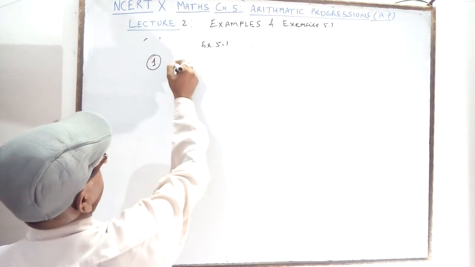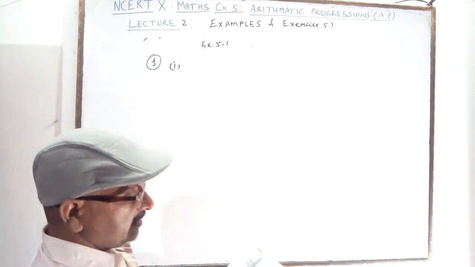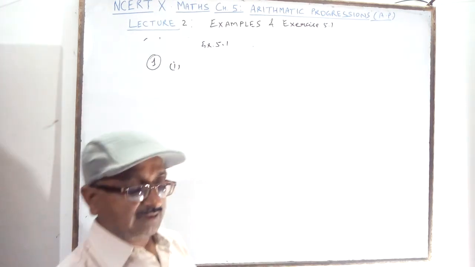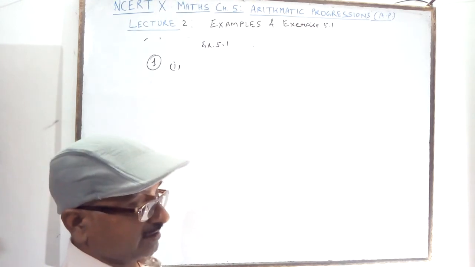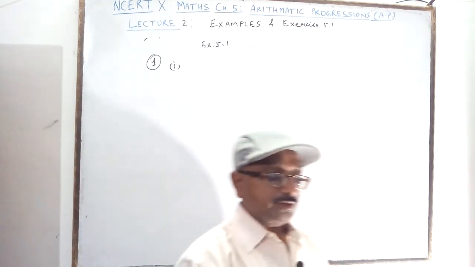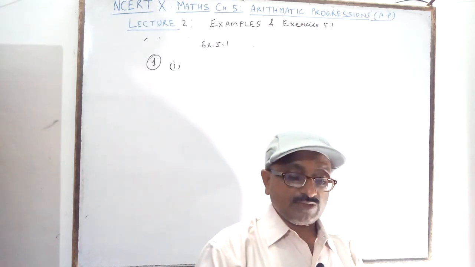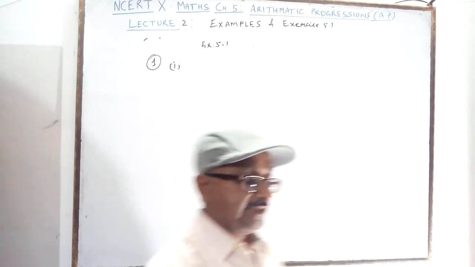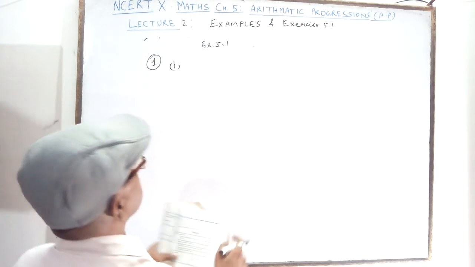Question number 1, first part. Your question is, in which of the following does the list of numbers involved make an arithmetic progression, and why? A taxi fare is rupees 15 for the first kilometer and rupees 8 for each additional kilometer.